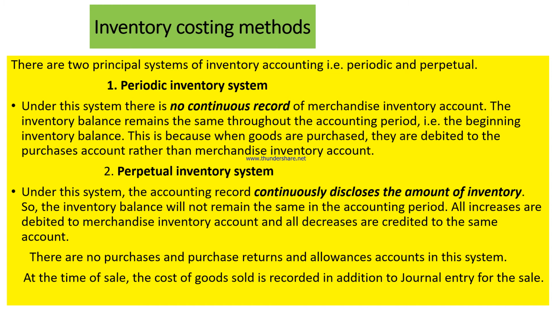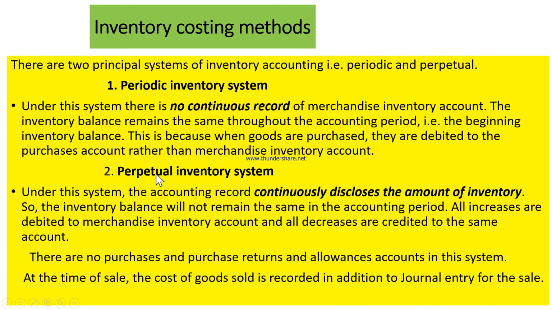The inventory balance remains the same throughout the accounting period, that means the beginning inventory balance stays the same. This is because when goods are purchased, they are debited to the purchases account rather than the merchandise inventory account. Such a system is known as periodic.